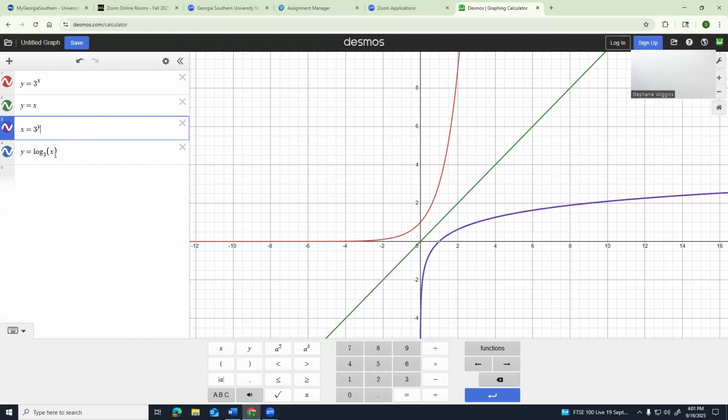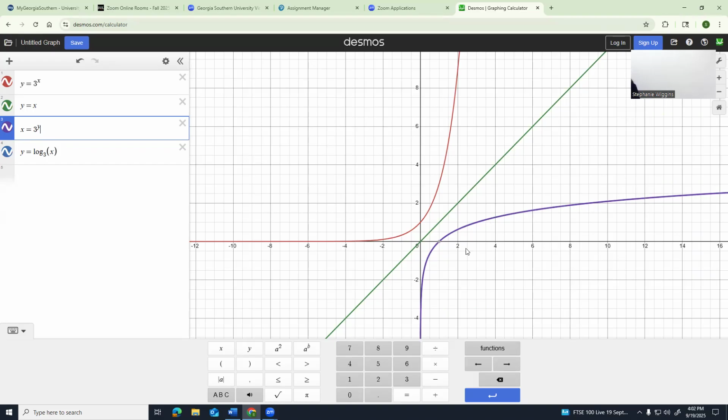That's how we evaluate a logarithmic function. We're looking for an exponent. So if I take x equal 9, what's the exponent on 3 that gives me 9? Well, the output is 2, because 3 squared is 9. So that's how logarithmic functions work.